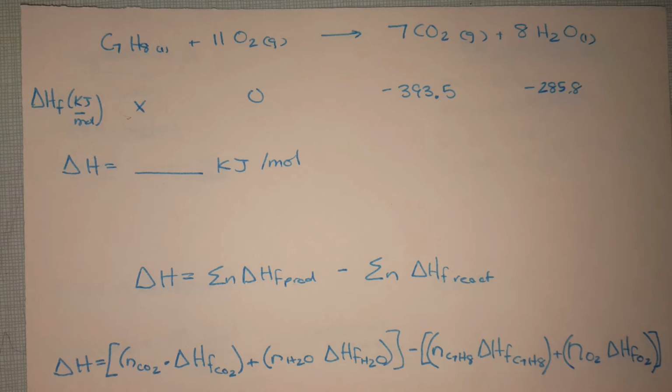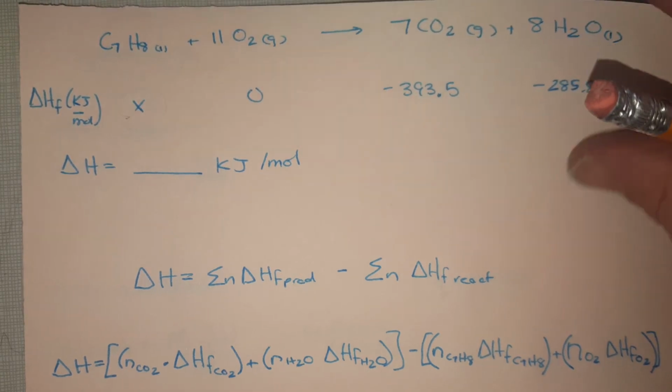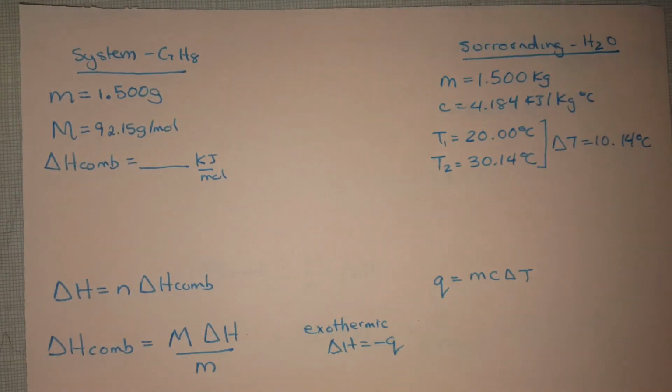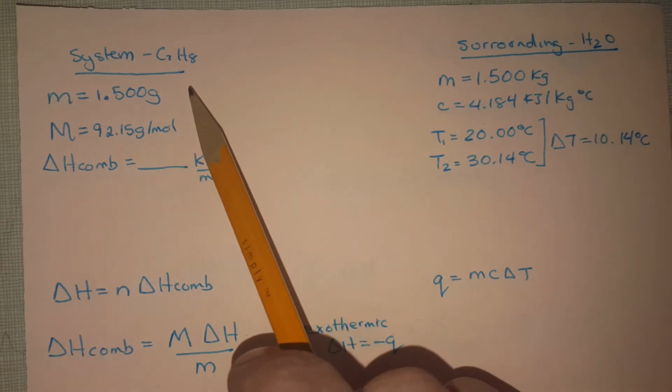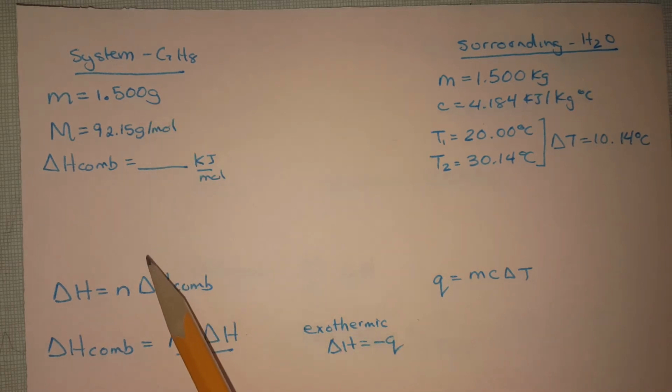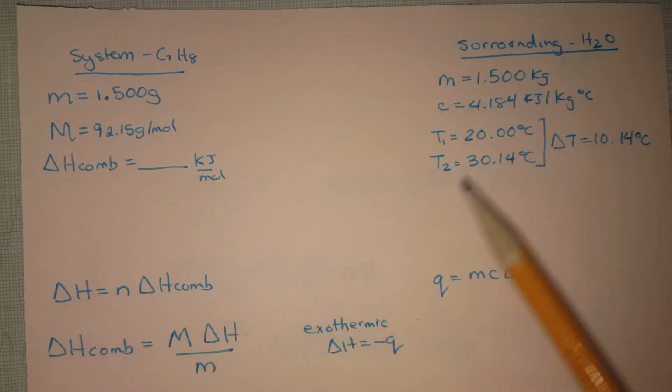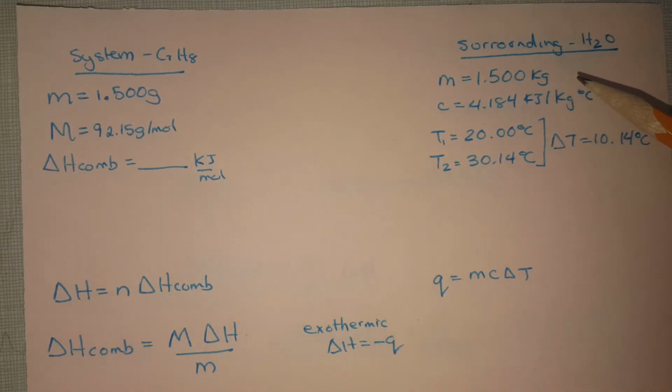Right now I'm starting off with two unknowns, so we have to use the other information we're given, and that is the information around the calorimetry. It tells me that I have 1.5 grams of toluene, and I don't know my molar enthalpy of combustion, but it also tells me that I take 1.5 kilograms of water and heat it 10 degrees Celsius.